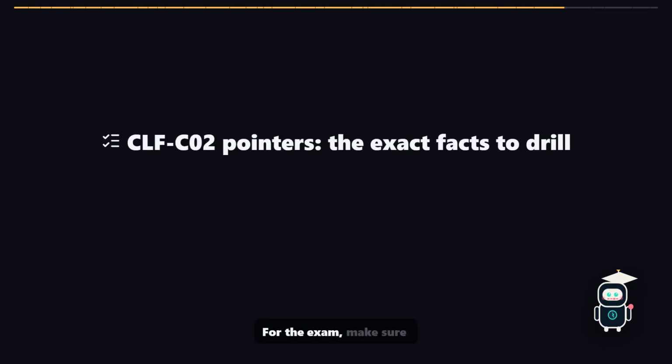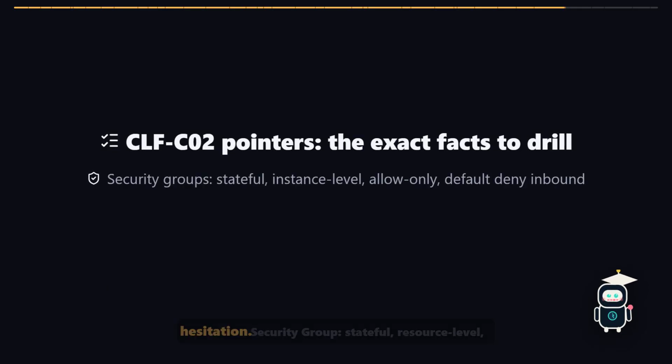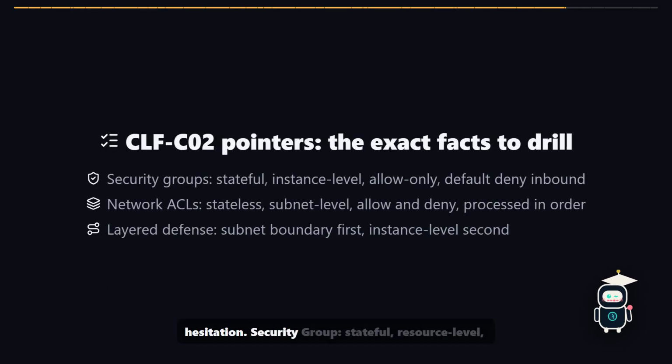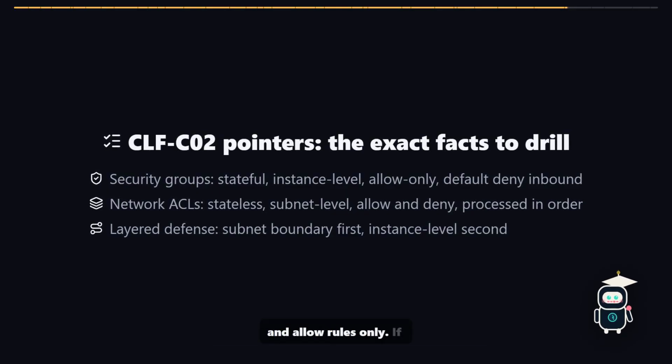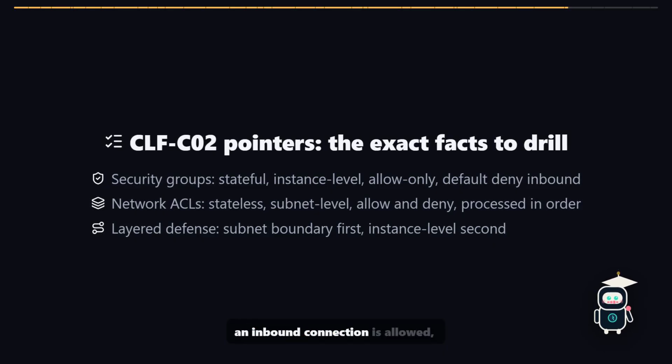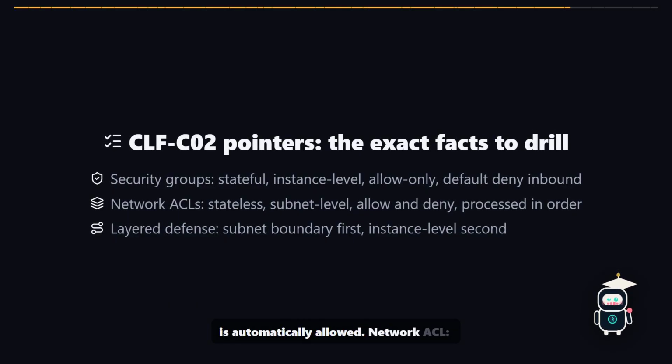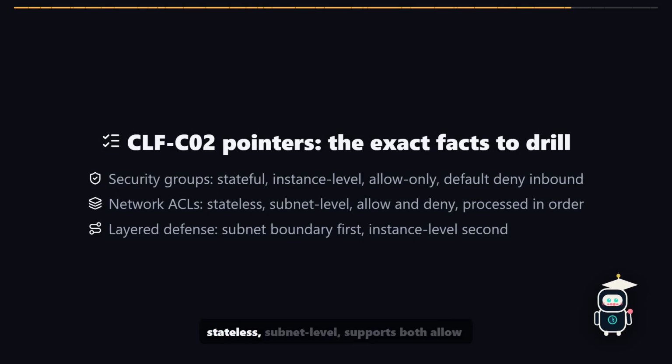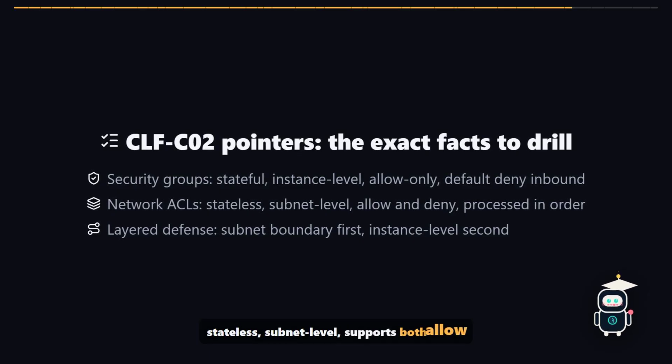For the exam, make sure you can answer these without hesitation. Security group: stateful, resource level, and allow rules only. If an inbound connection is allowed, return traffic for that connection is automatically allowed. Network ACL: stateless, subnet level, supports both allow and deny rules, and evaluates numbered rules starting with the lowest number.